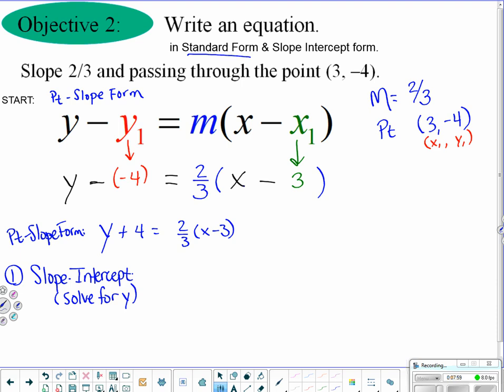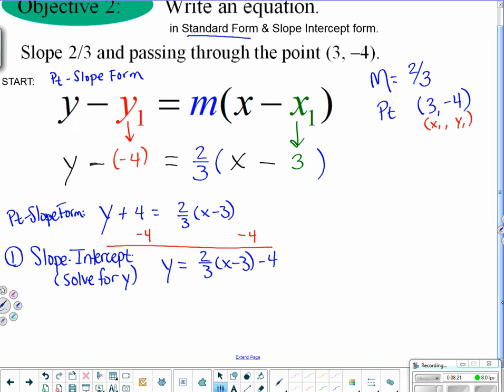To do that, I want to subtract 4. Okay, this will look a little bit messy. I'm going to subtract 4 from each side because we're going to have some fractions still existing here. I've got this 2/3 x minus 3 minus 4. Now that's not quite in the format that I'm thinking of.